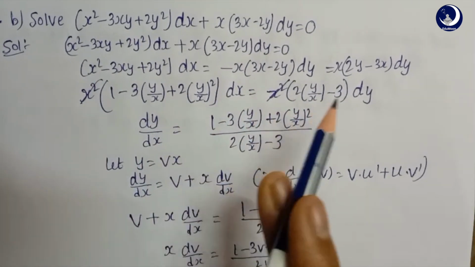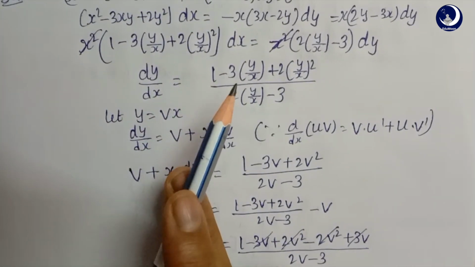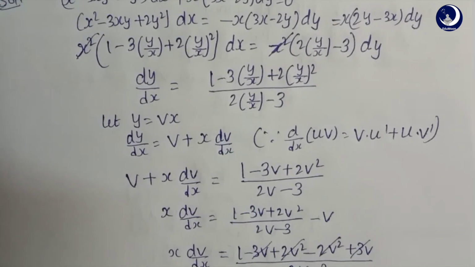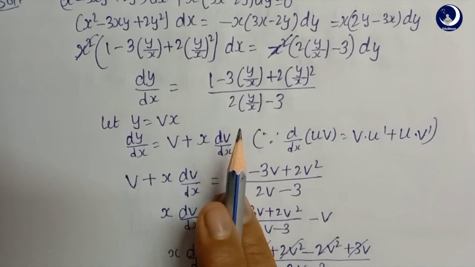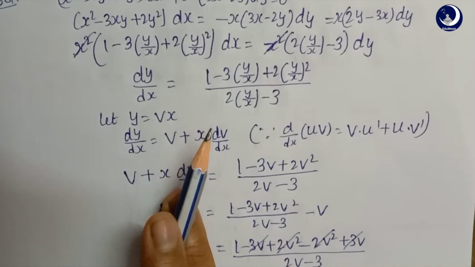Then I replace the denominator and numerator. Then we got dy by dx equal to 1 minus 3 into y by x plus 2 into y by x whole square, divided by 2 into y by x minus 3. Now I took y equal to vx.